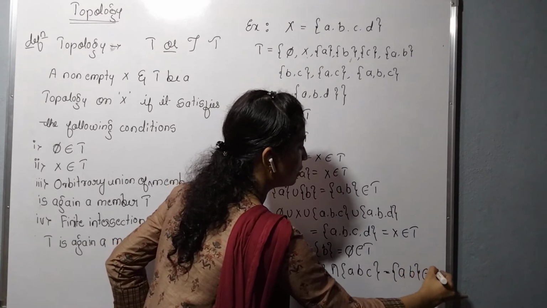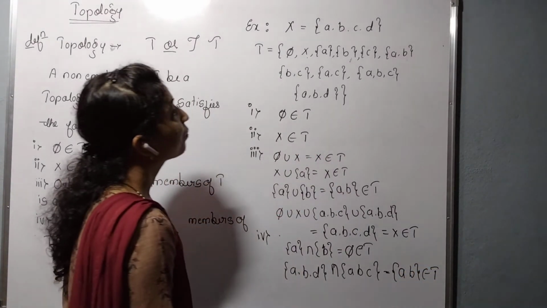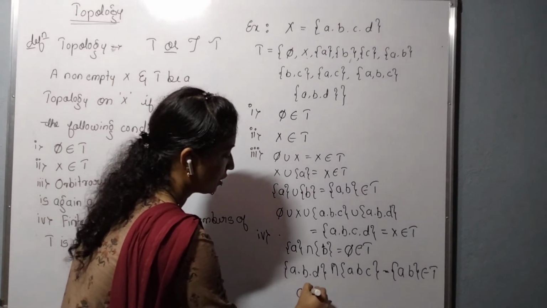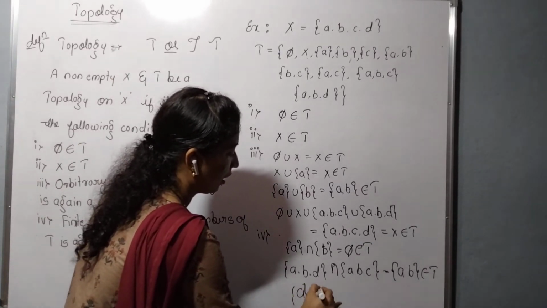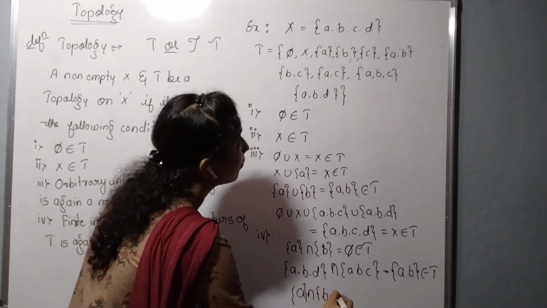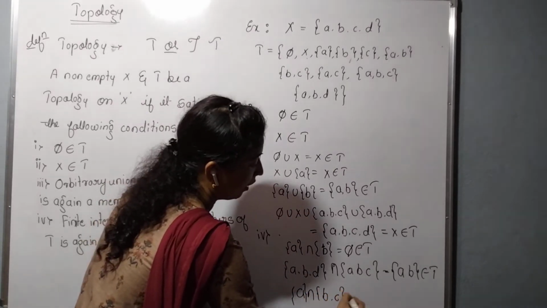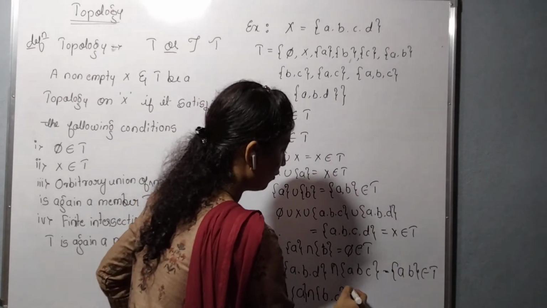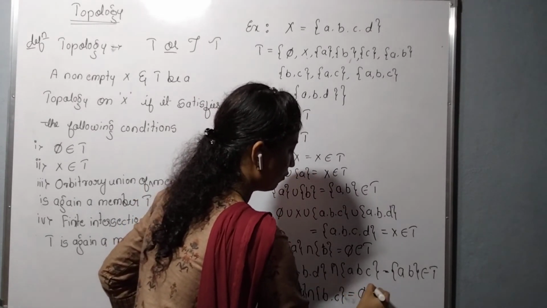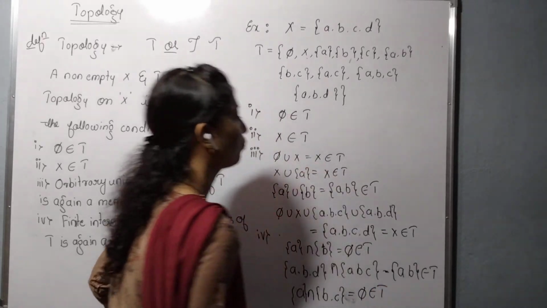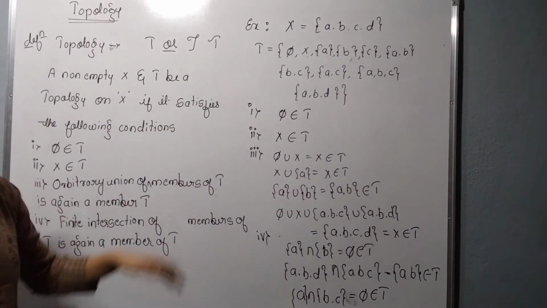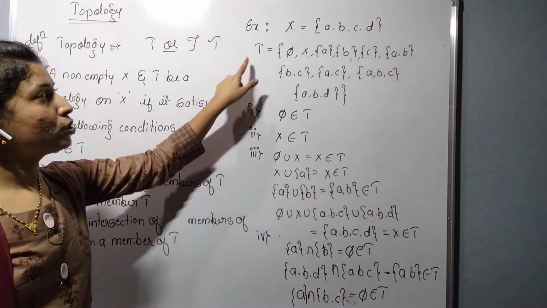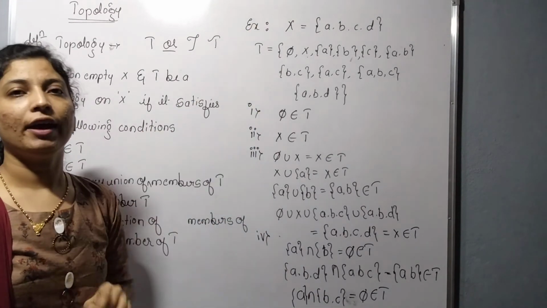This set is also an element of tau. Or we write A intersection BC, again we get the null set, which is also an element of tau. By checking all these four conditions, we get that this tau is a topology on X.